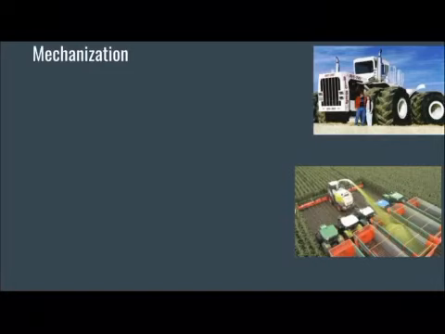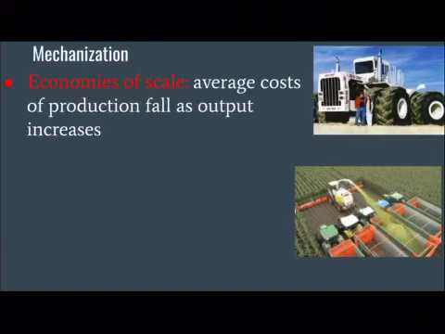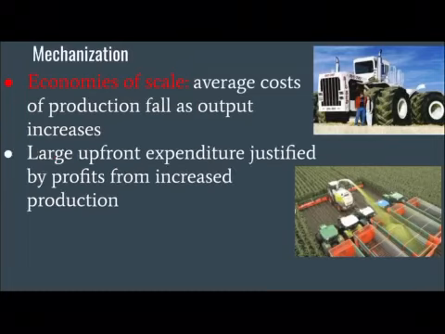All right, so starting with mechanization, the big thing is that it automatically uses more fossil fuels. But what we see happen over time is something called economies of scale. As our output increases, the average cost of production falls. So when we have these huge industrial monoculture farms, we're able to ultimately lower food prices.